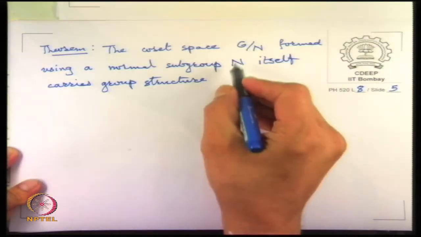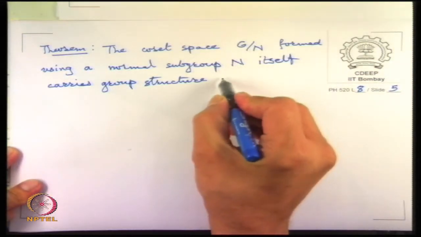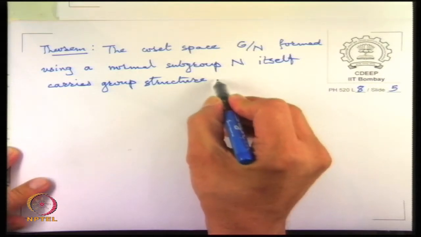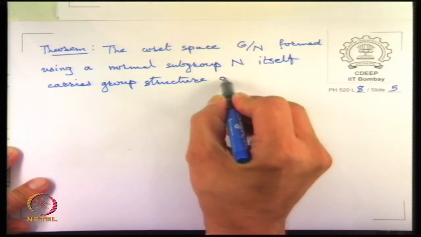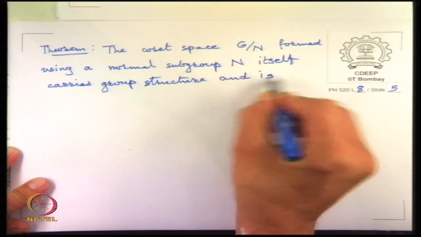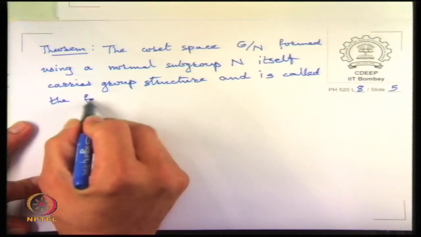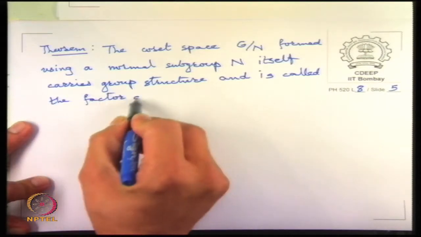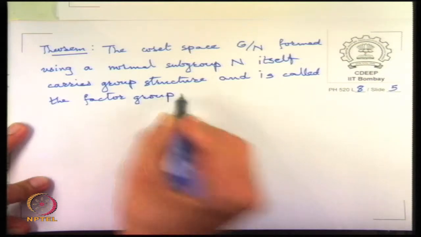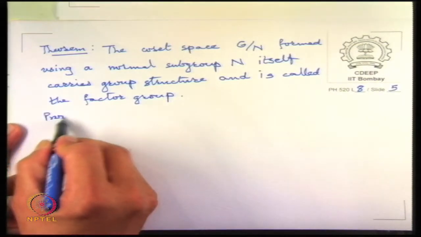But when n is a proper normal subgroup, then it carries a group structure, and is called a factor group. So here it's a matter of prescribing what you mean by the group multiplication correctly and then checking that it satisfies all the 4 requirements.